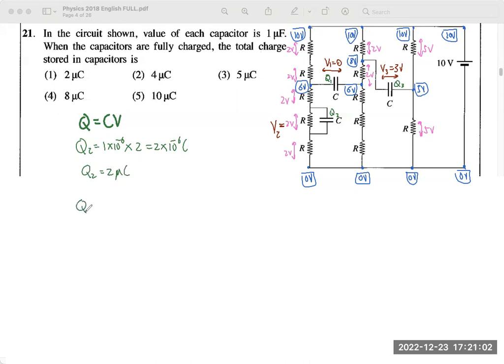And similarly, if we go to Q3, capacitance is 1 into 10 to the power minus 6 into 3. 3 into 10 to the power minus 6 coulomb, which is 3 microcoulomb. And so the total charge will be 2 plus 3, 5 microcoulomb.